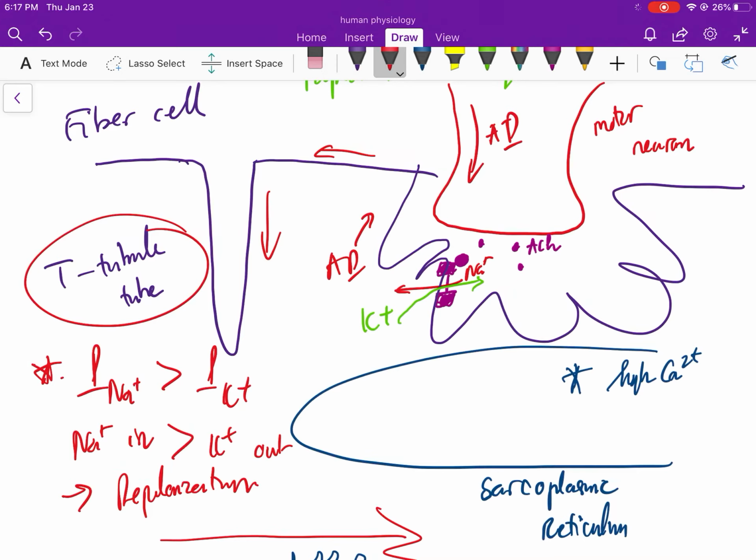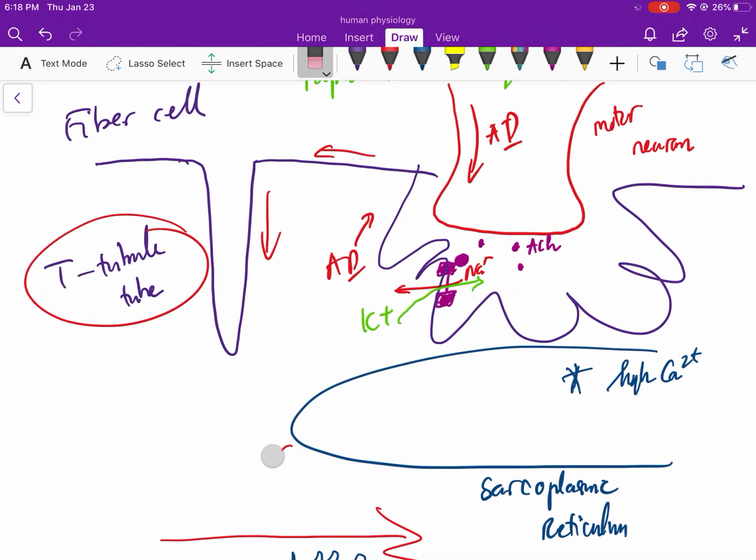the T-tubular tube. Okay. So when we reach the T-tubular tube, actually in our T-tubular tube now, we have another protein. This protein is really special.